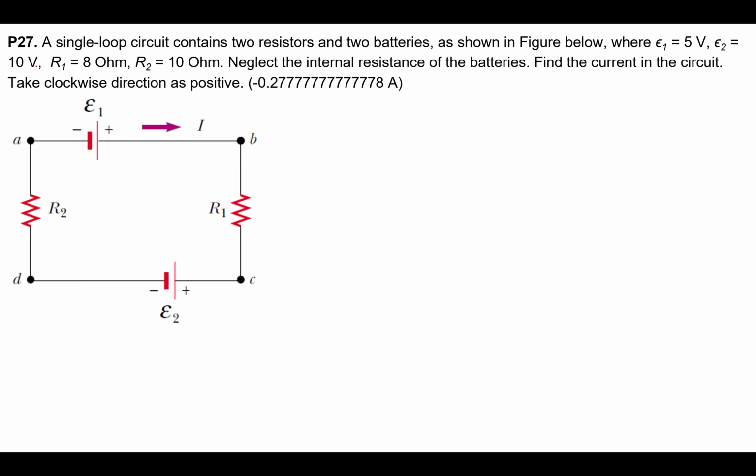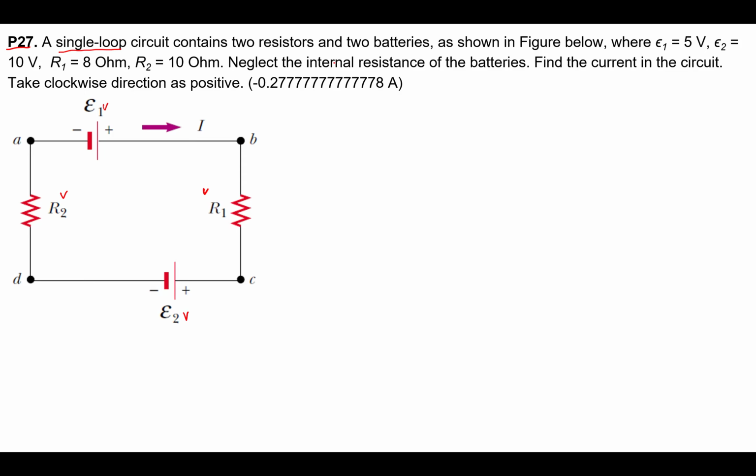Now look at problem 27, a single loop. Start from the easy one. The single loop contains two resistors, R1 and R2, and two batteries, epsilon1 and epsilon2, EMF1 and EMF2.